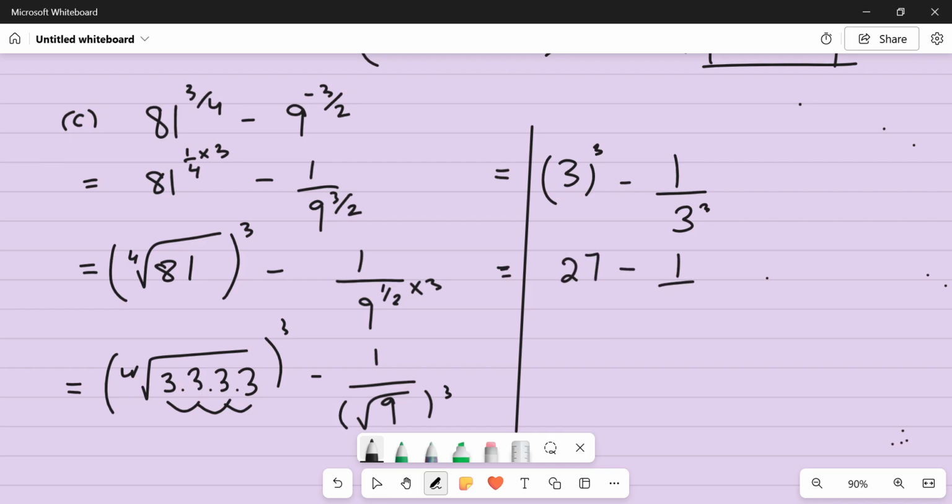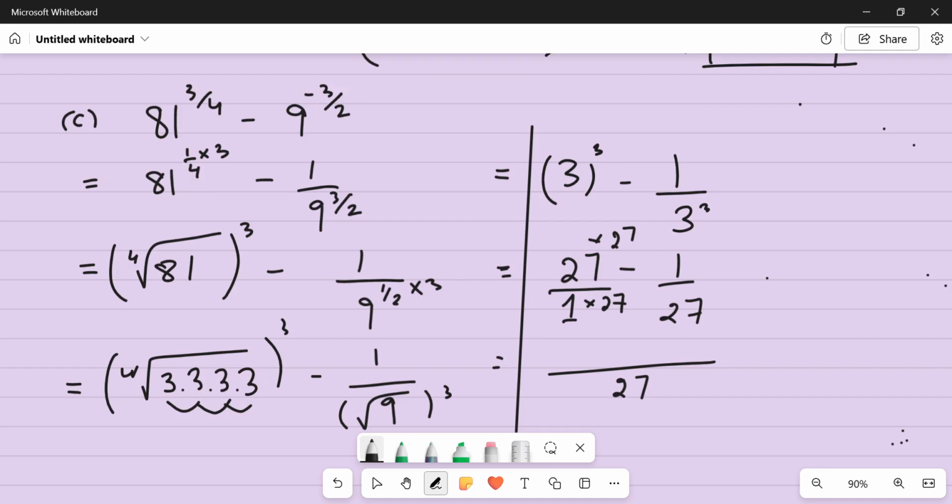Minus 1 over 27. So here it's, right, and of course the top side is also 27, right?